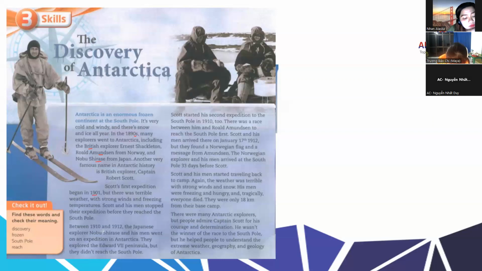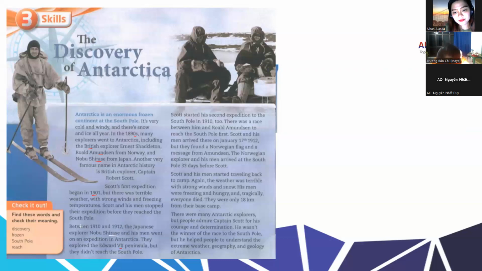Between 1910 and 1912, the Japanese explorer Nobu Shirase and his men went on an expedition in Antarctica. They brought the Edward the Seventh vessels, but they didn't reach the South Pole.